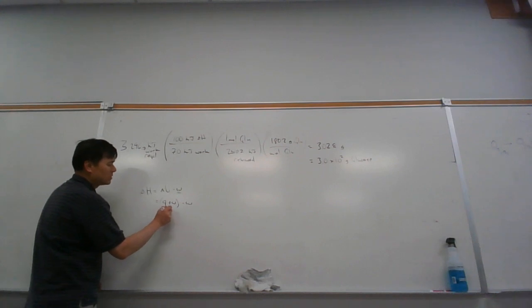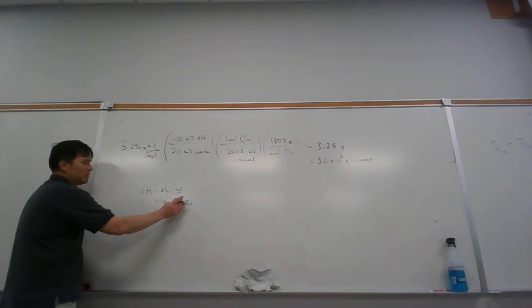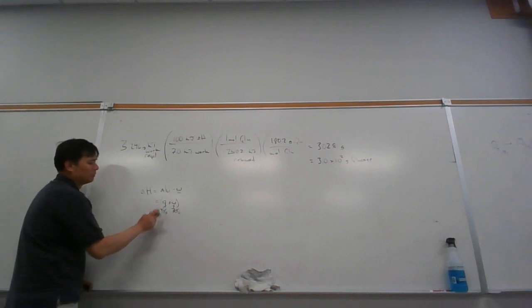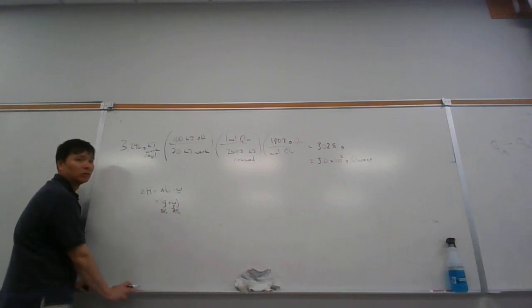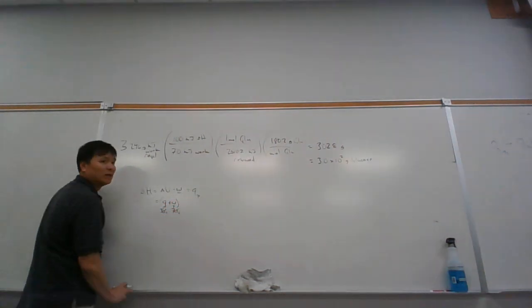And so in this case, it's going to be 70% work here, 30% heat here. So we're converting all our delta H, because this is gone now, into heat and work. Originally, this is just heat, QP.